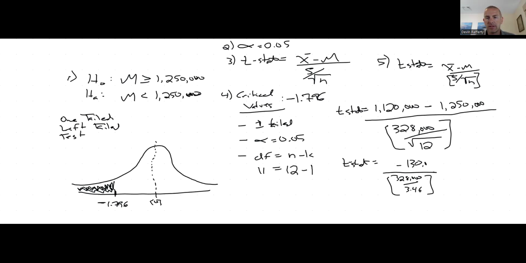Which is equal to negative 130,000 over 328,000 divided by 3.46, which is 110,404.